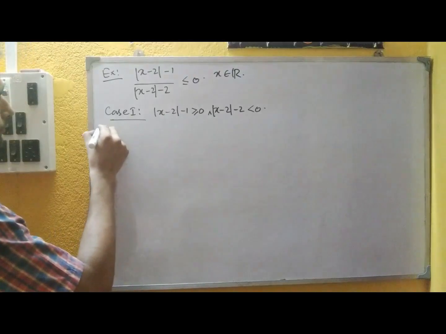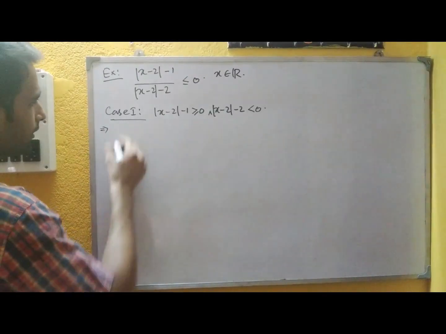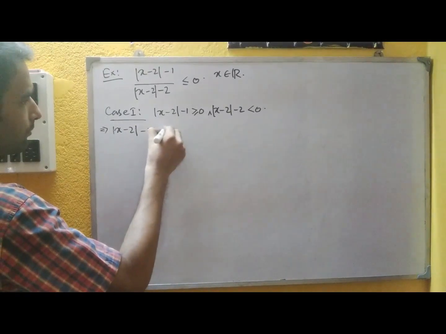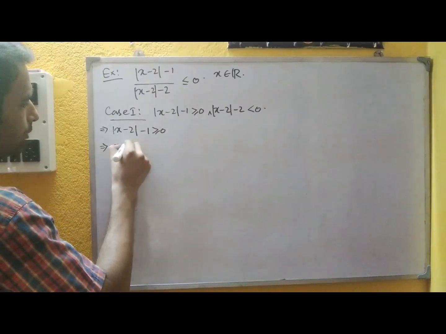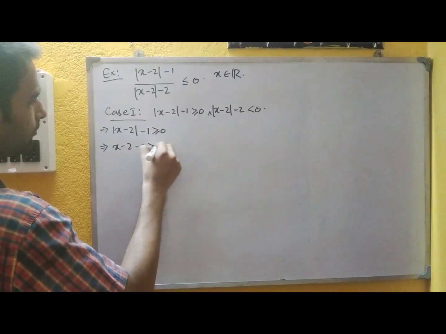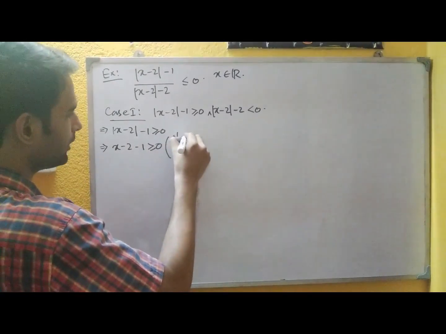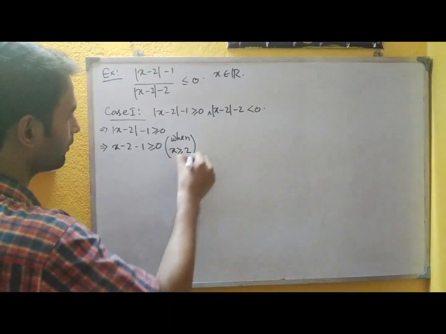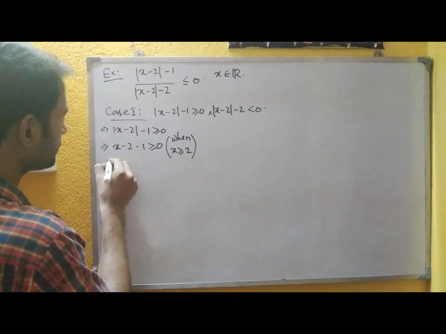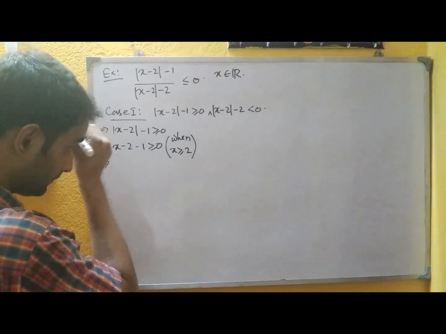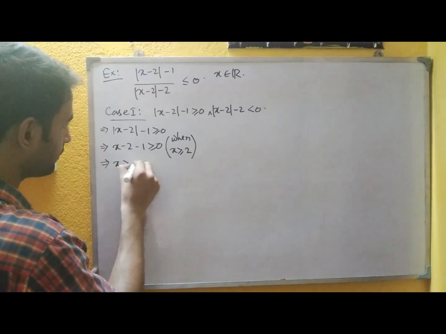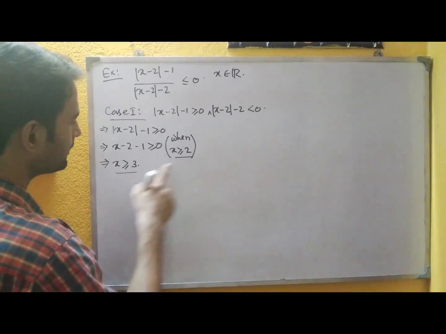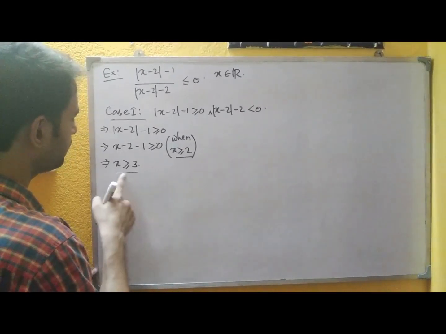So let us start from here, that mod of x minus 2 minus 1 is positive, and this will imply x minus 2 minus 1 is positive, and this will be when x is greater or equals to 2, and also this will be x greater or equal to 3. So when x greater or equal to 2, x greater or equal to 3, this is possible. So we take this one.